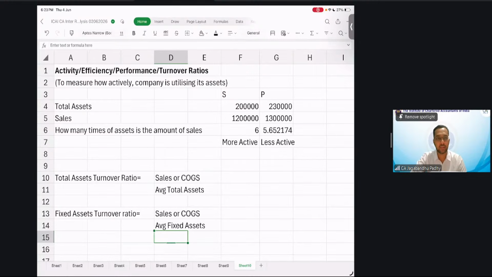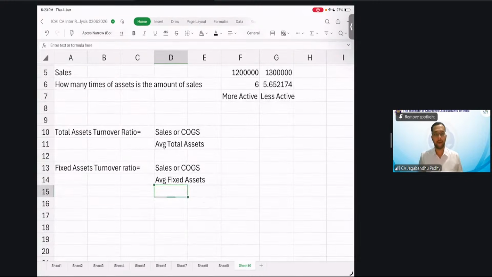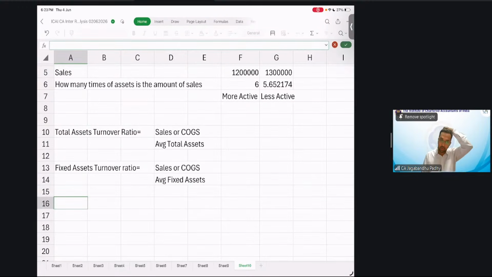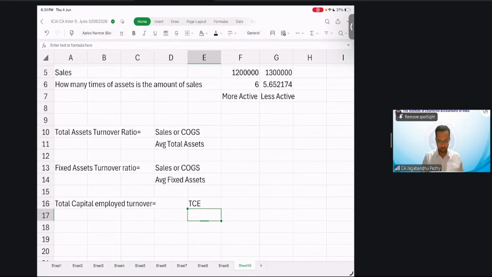Now, same way, if I want to see how effectively we are utilizing the money that is invested, so the efficiency of the capital that is employed, you'll say total capital employed turnover: sales or COGS upon average total capital employed. That's the total capital employed turnover.